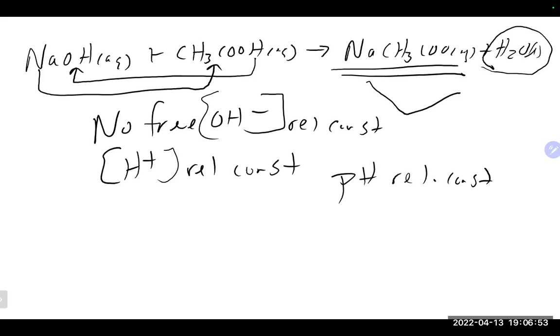And because the buffer has an acid part, when you add base to it, it prevents the formation of free OH minus, which keeps the H plus concentration relatively constant and keeps the pH relatively constant. So that's basically how a buffer works. It pretty much prevents the formation of free H plus or OH minus, thus keeping our H plus constant and our pH relatively constant. Question on that?